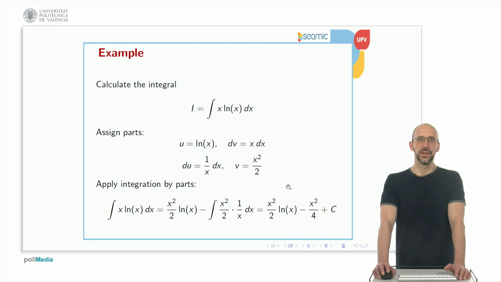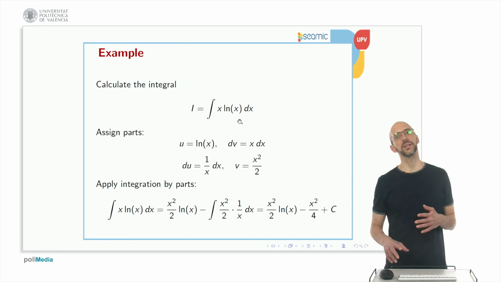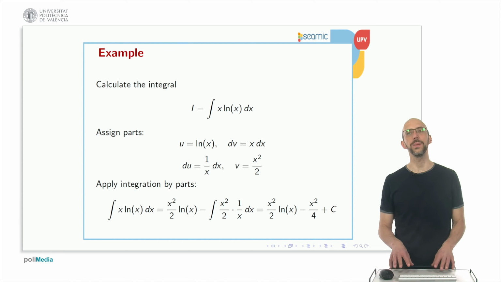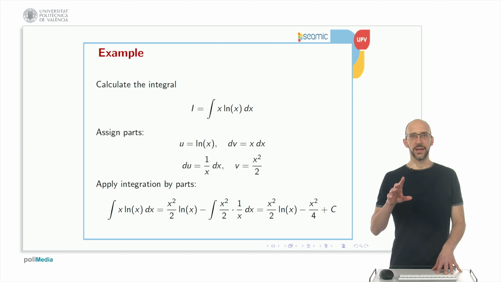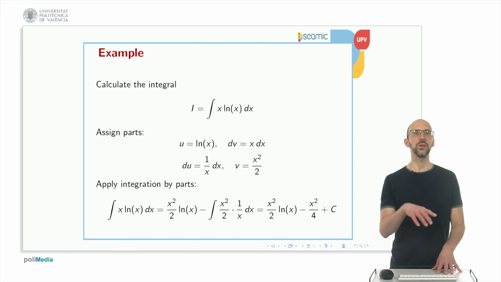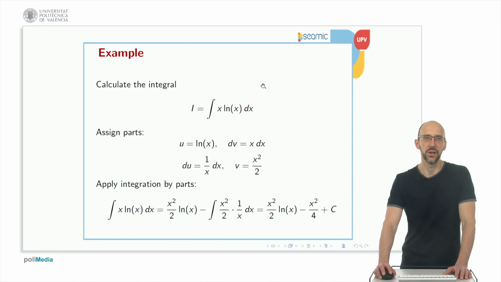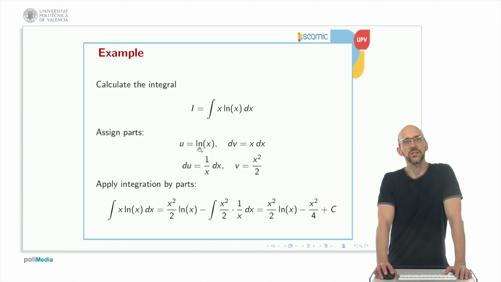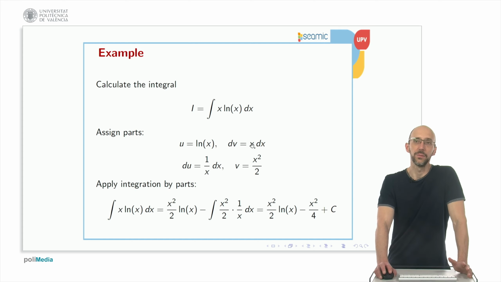Another example. x times the logarithm of x. Again, be careful. This example is applied here because it's important how to decide which function is going to be u and which function is going to be differential of v. In this case, if you just call x here, u is going to be x, differential of v is going to be logarithm of x.